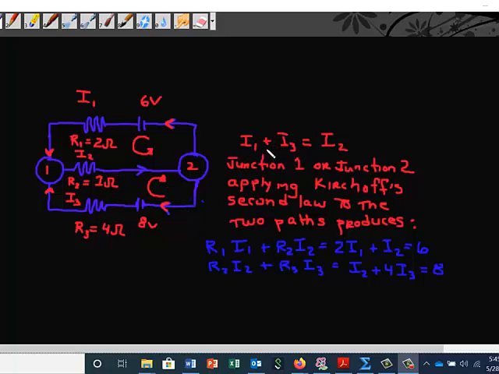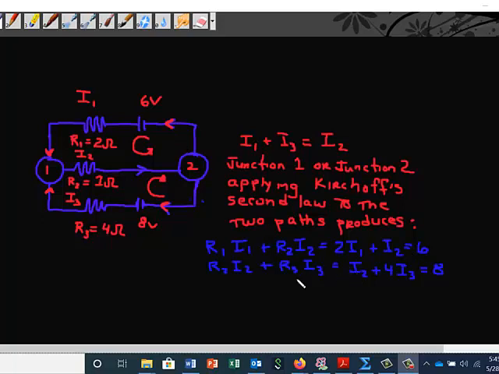You have I sub 1 plus I sub 3, excuse me, is equal to I sub 2. So at junction 1 or junction 2, we will be applying Kirchhoff's second law to the two paths, which will produce R sub 1 times I sub 1 plus R sub 2 times I sub 2, which will equal 2 I sub 1 plus I sub 2, which will equal 6.